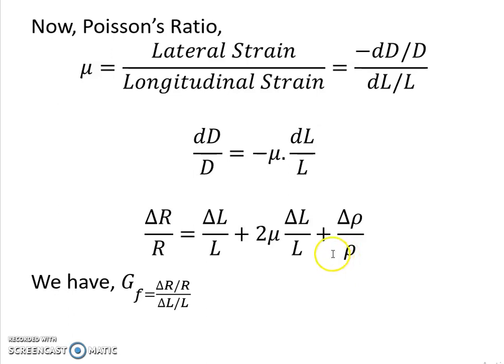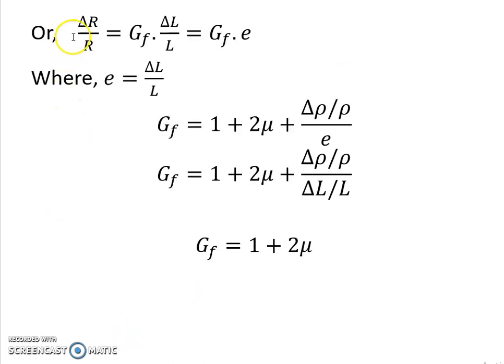Now we know that the gauge factor, according to its definition, is given by delta R by R divided by delta L by L. Therefore we can write delta R by R is equal to GF, the gauge factor, into delta L by L, which is equal to GF into epsilon, where epsilon is strain, delta L divided by L.